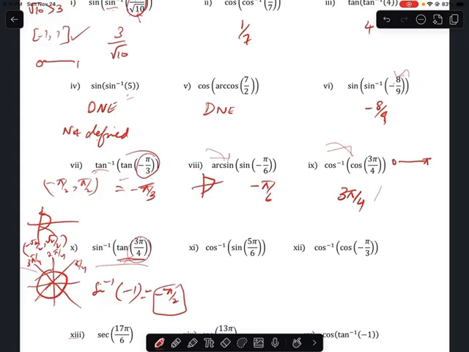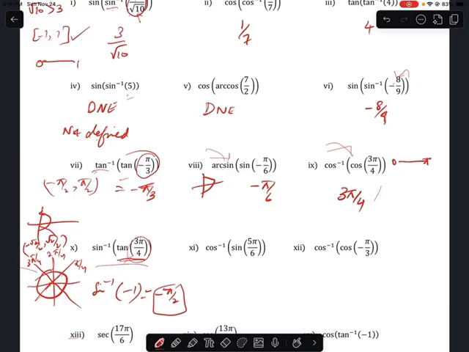So in this case, what we do is we first evaluate this. We find what is tangent of 3 pi over 4. Okay, how do we do that? We first locate where 3 pi over 4 lives on the unit circle. So remember, if I divide each quadrant into halves, this is pi over 4, this will be 2 pi over 4, which is pi over 2, this is 3 pi over 4, so this is our value.